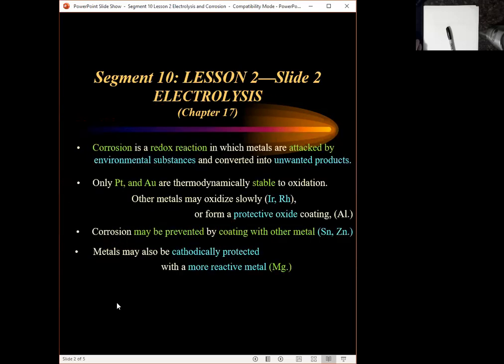Now, I'm going to just mention this because it's mentioned in your book. Corrosion is a redox reaction, and you can prevent this, but it's not real easy, and you have to sacrifice a more reactive metal in order to prevent corrosion.